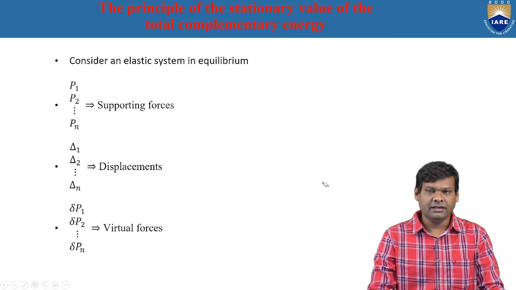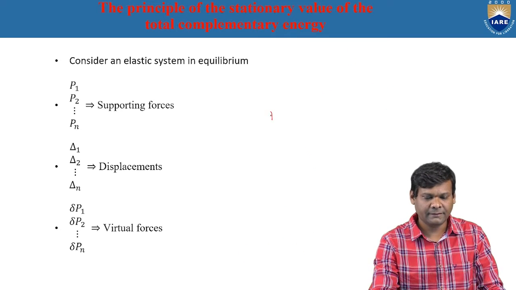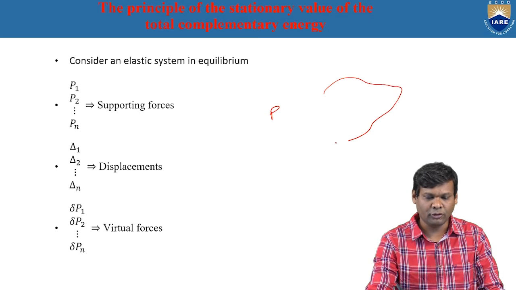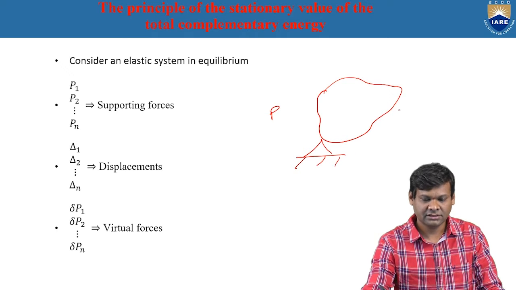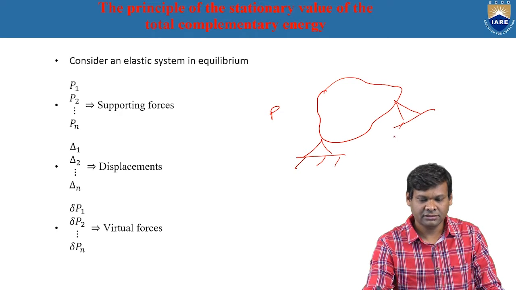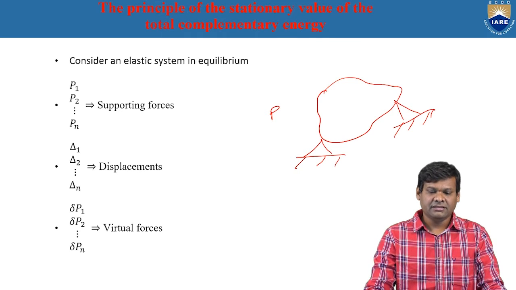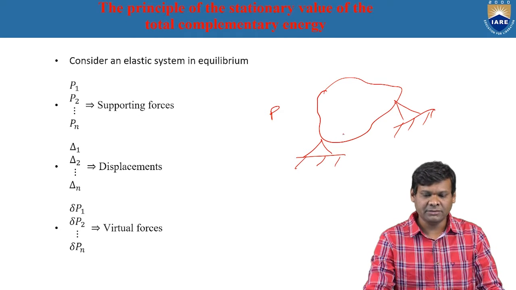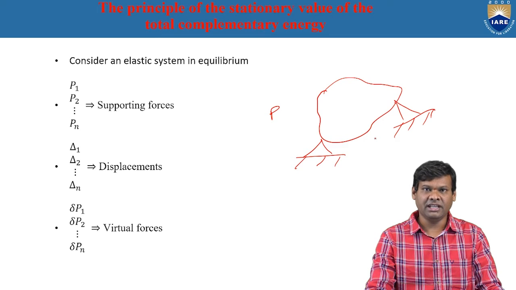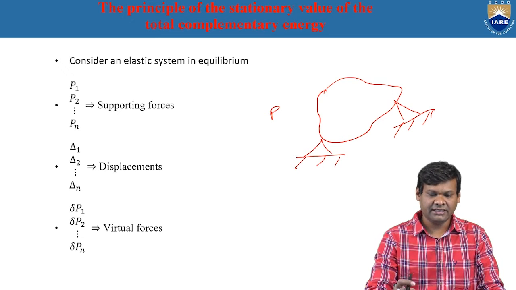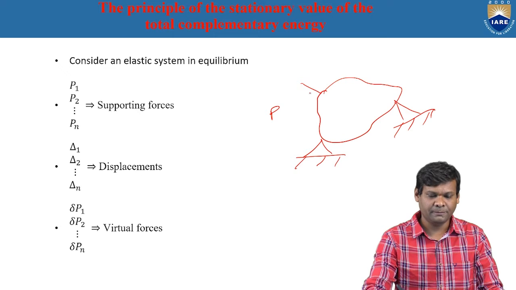Okay, let us take an arbitrary body once again. This is an arbitrary rigid body, that is, there are no translations, only deflections. Let us apply loads of magnitude P1, P2, and some load Pn.